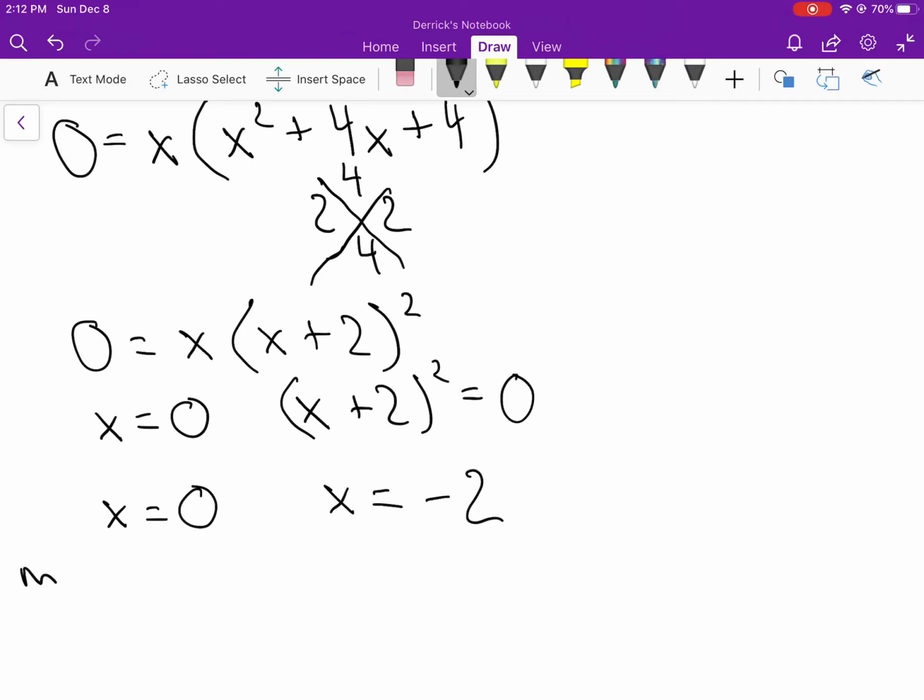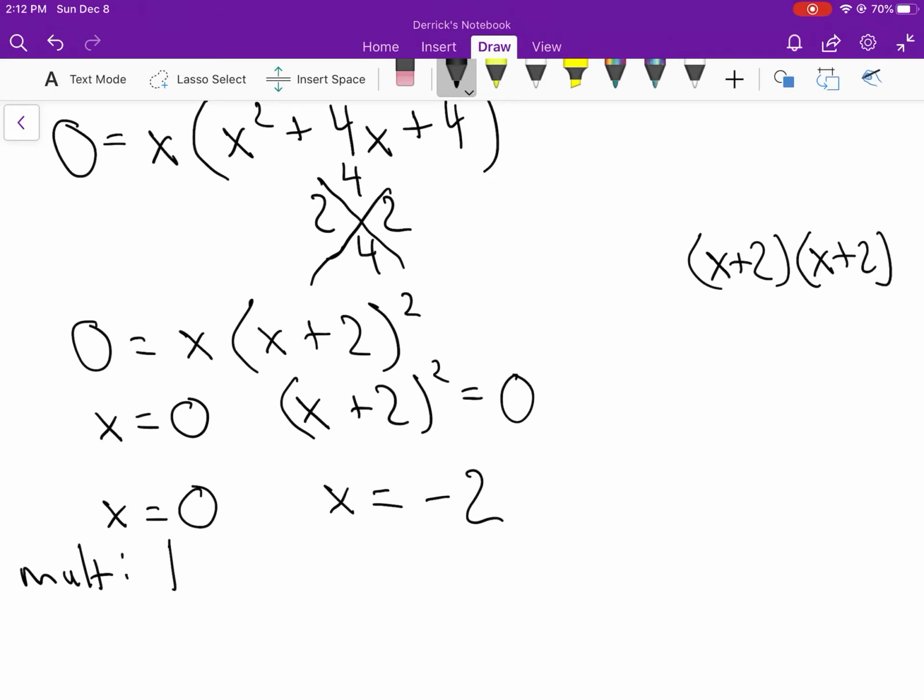But now we also want to determine the multiplicity of each of them. Well, x equals 0 I found once, no exponents, no repeats, nothing like that. But the (x plus 2) squared, now remember, we just said out loud, (x plus 2) squared means you really had (x plus 2) and (x plus 2).